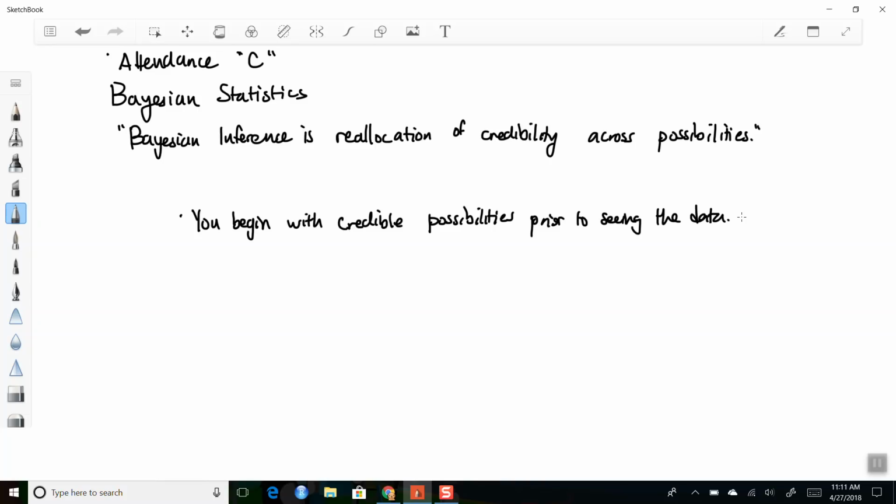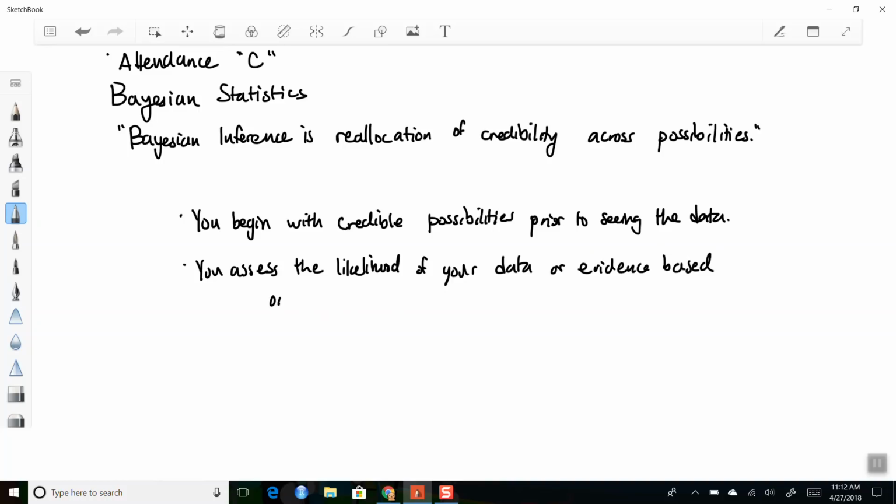And then you look at your data. When you look at your data, you assess the likelihood of your data, or evidence, based on each and all of the possibilities. Okay?